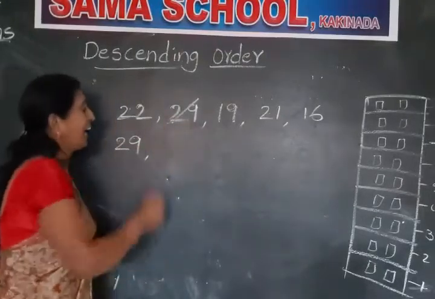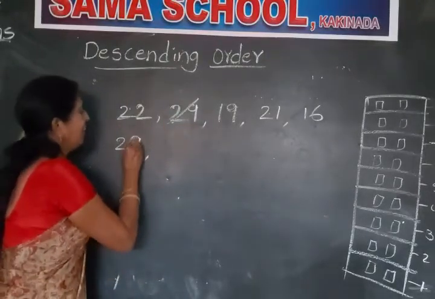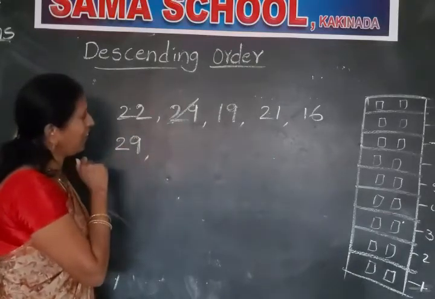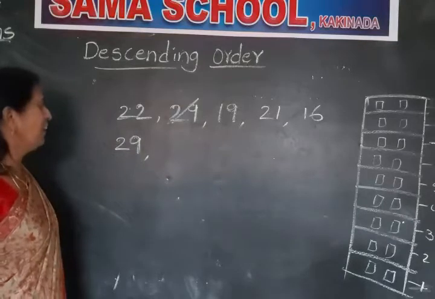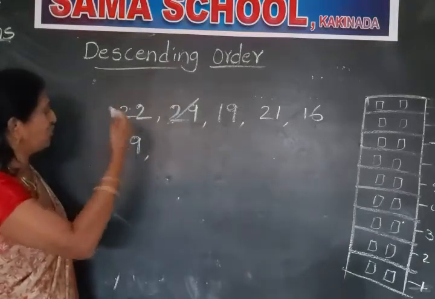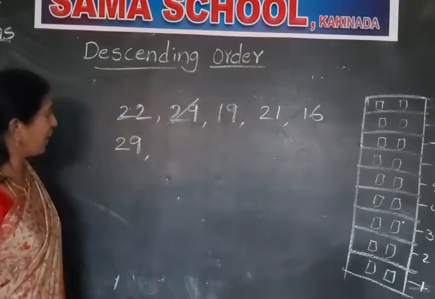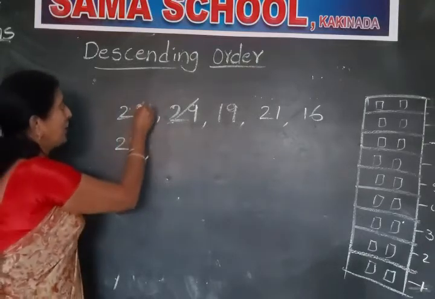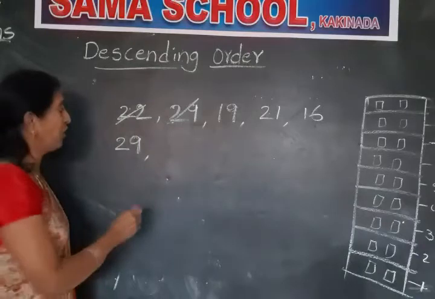So you write 29. Next, 29 before numbers. Which is the next smaller number? 28, 27, 26, 25, 24, 23. Yeah, 22. You count the before numbers.